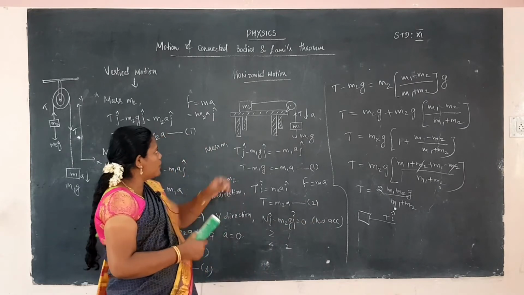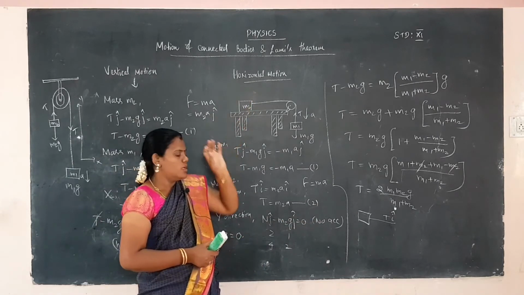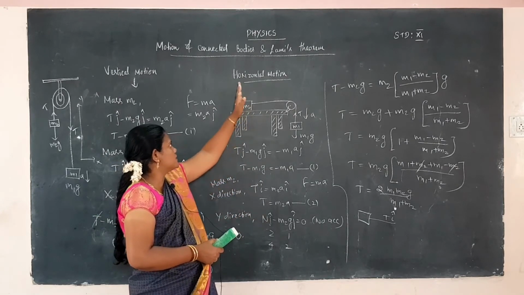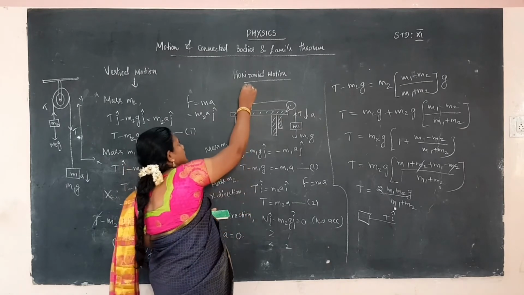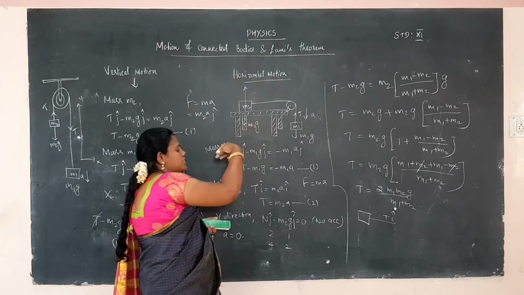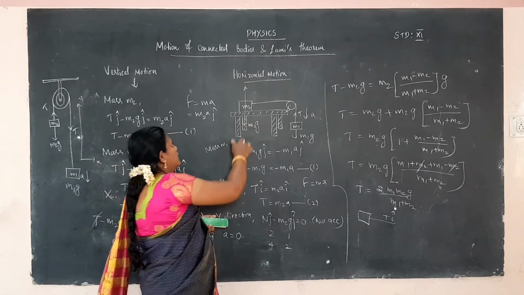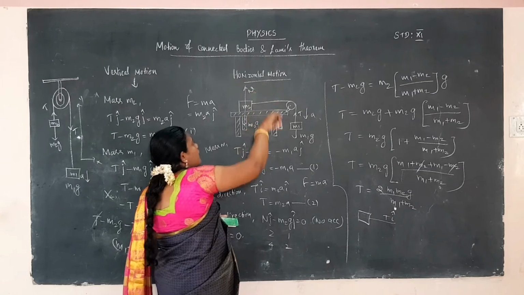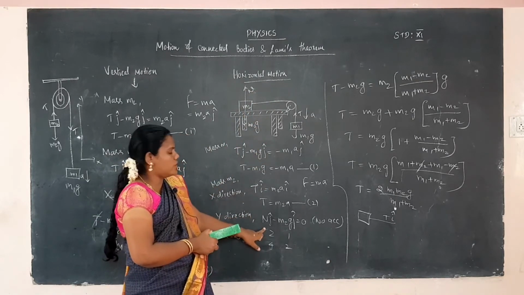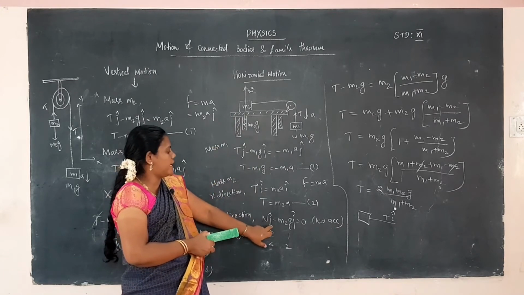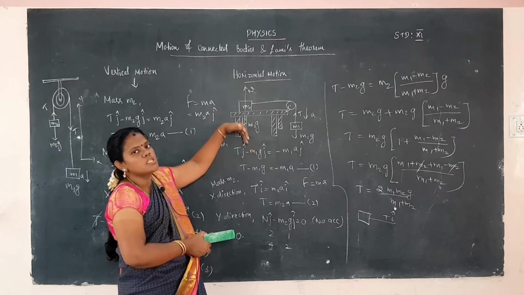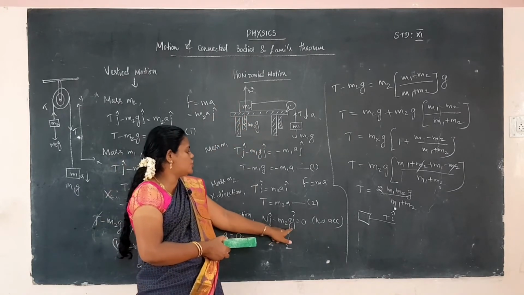Now the mass m2 is considered in the y direction. What are the forces acting? The weight, the gravitational force, acts downward, and the normal force acts upward. The normal force acts upward, N j cap, in the positive y direction, and the gravitational force acts downward, in the negative y direction, so minus m2g j cap.